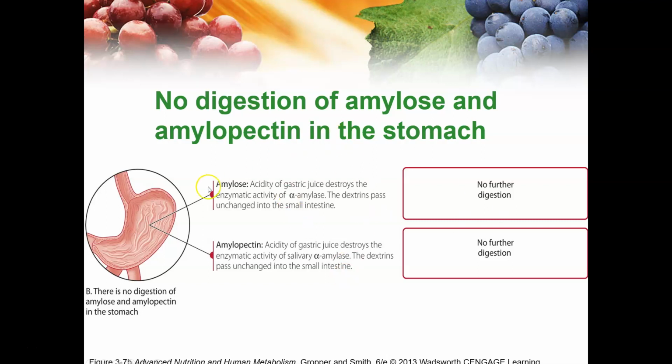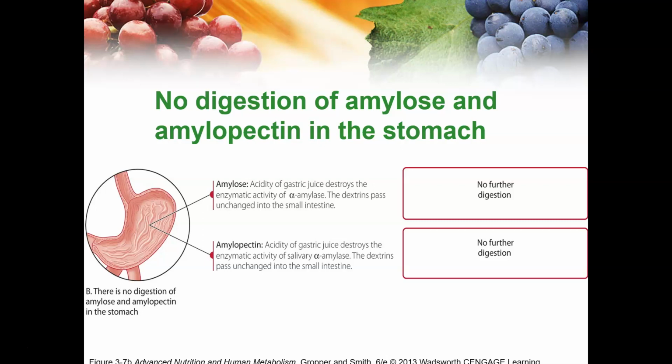And the reason for that is that, remember, we talked about in Chapter 3 that the stomach contains hydrochloric acid, and that it was going to kill the enzyme. So the alpha amylase doesn't function when it encounters the hydrochloric acid. So we've killed our salivary amylase, and there's no further digestion in the stomach.